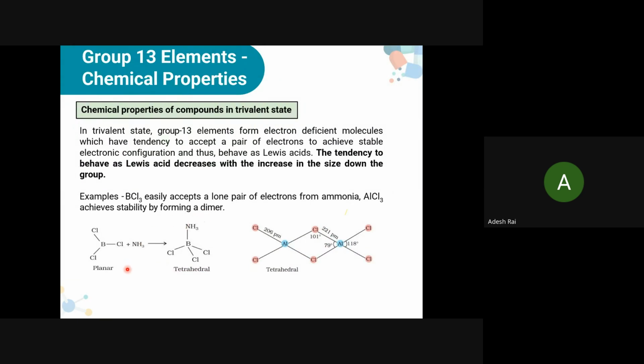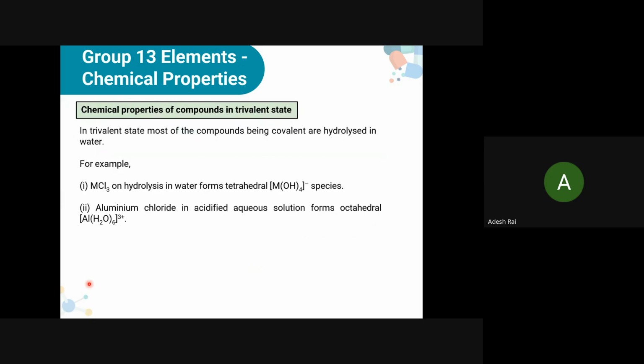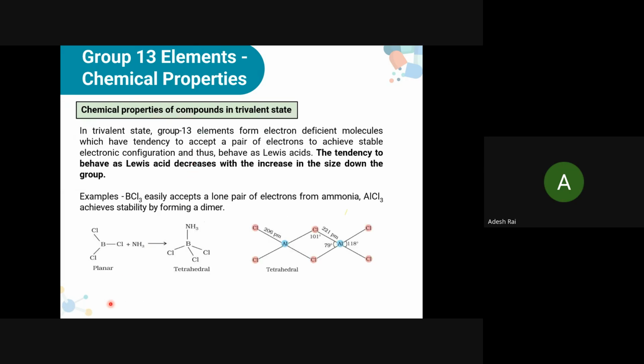So, what is an adduct? When Lewis acid reacts with Lewis base, we all know Lewis base has a lone pair or negative charge, and Lewis acids have a vacant orbital, no? So the base will donate electrons over here. The product that we get is Lewis acid and Lewis base joined by a coordinate bond.